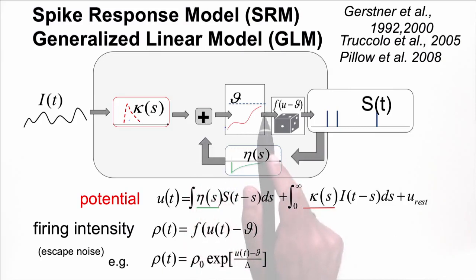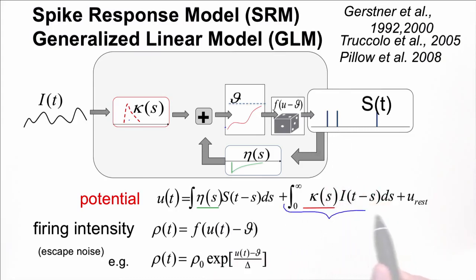So the total membrane potential is the effect of this negative feedback, the spike after potential, caused by the spikes, and the effect of the input itself. This is what I call h of t. This is what I call the input potential, the part of the potential that's caused by the input.